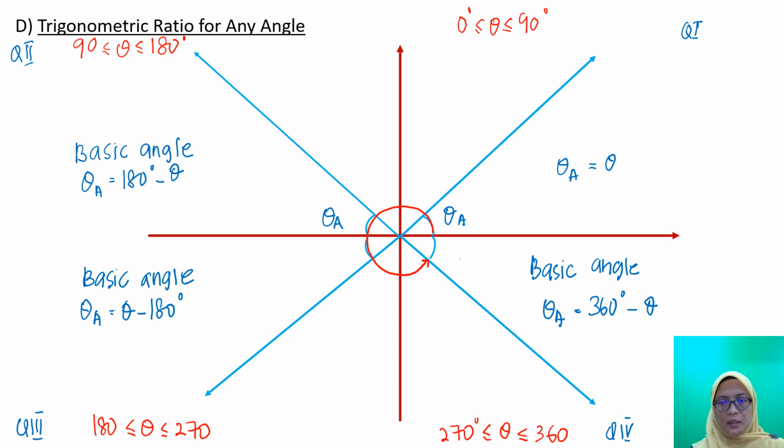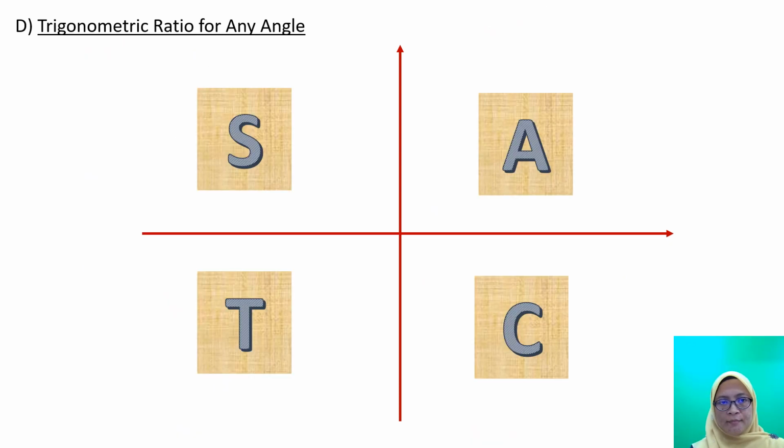Okay, so then trigonometric for any angle. Okay, so then kita kena tengok kuadran 1. So kuadran 1 sini all positive. So all positive means that sin positive, cos positive, tangent positive.